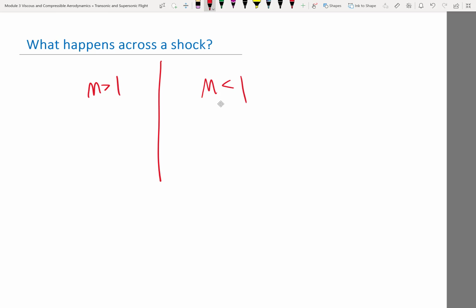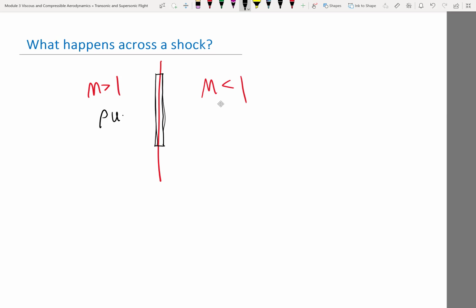Now the most informative analysis around the shockwave is to draw in a control volume like that, a control volume that's very thin and just encompasses the shockwave. So what's happening across the shockwave? First of all, conservation of mass: rho times u times area, which is the same across the shockwave.